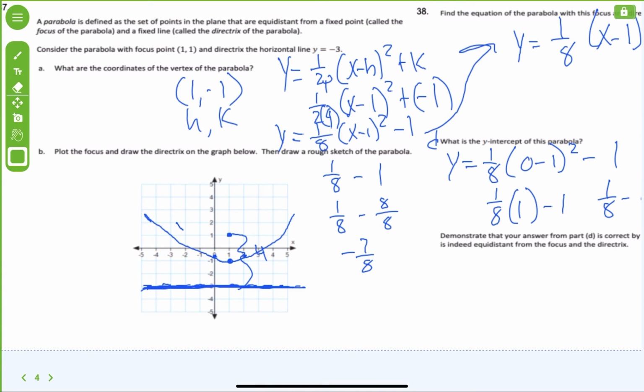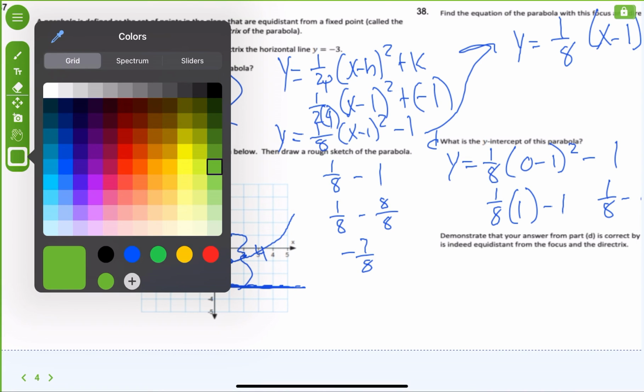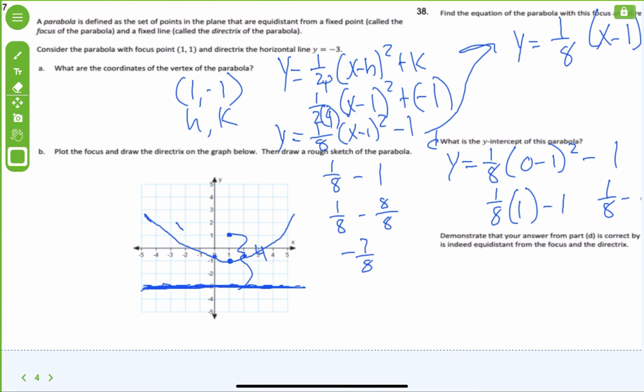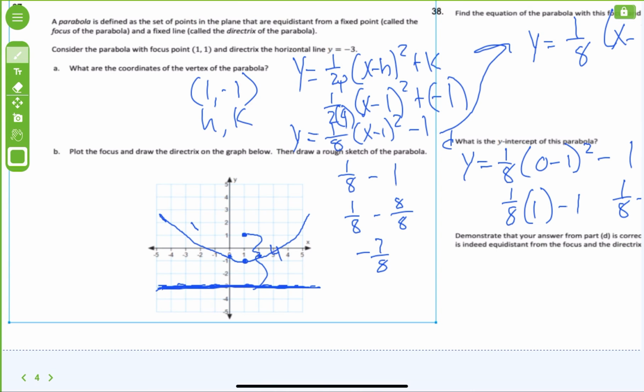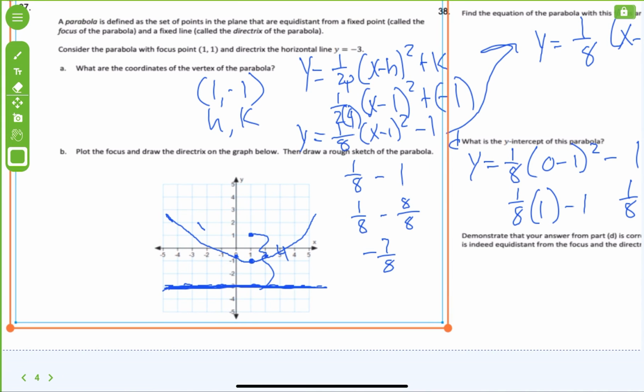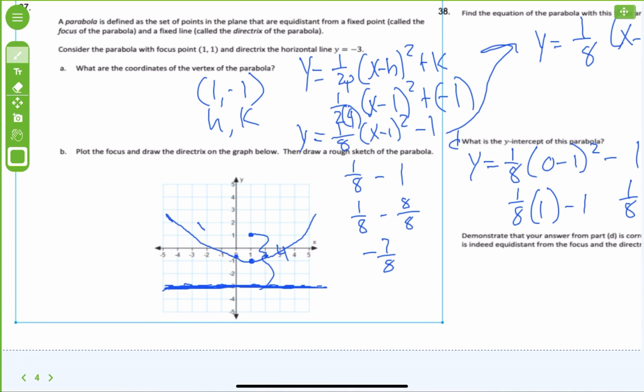So anything on this parabola right here has to be equidistant to here and to here.